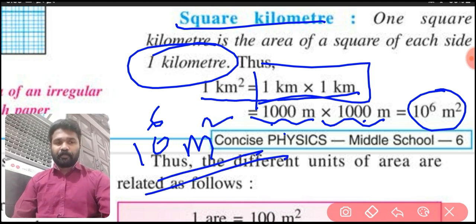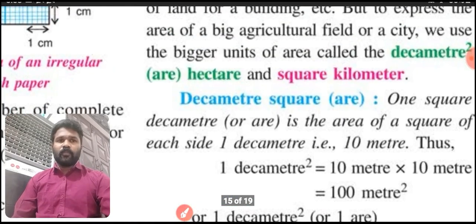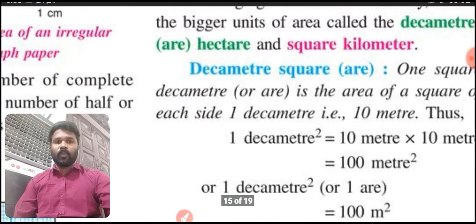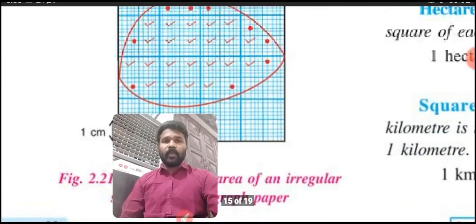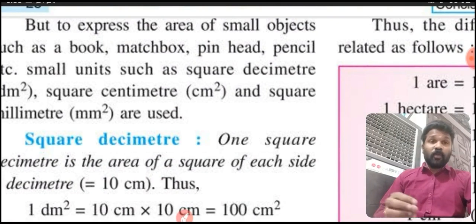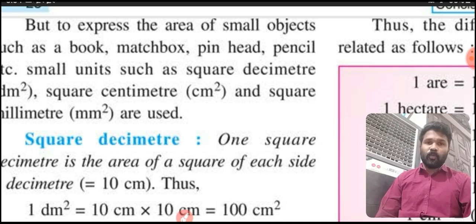Okay students, these are the multiples of the units of area, the bigger units. Now we are going to discuss another point: how to express the area of small things, such as the area of a book, matchbox, pinhead, pencil, etc. In these cases we are going to use the small units.